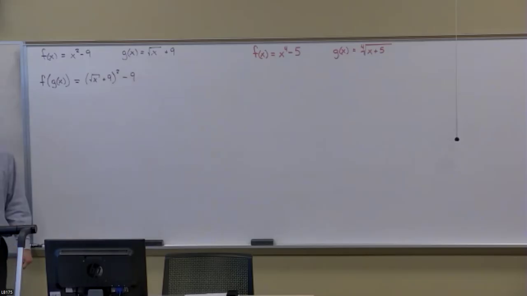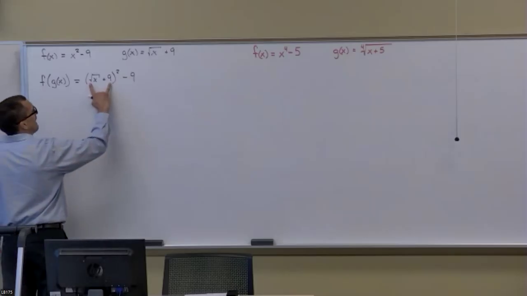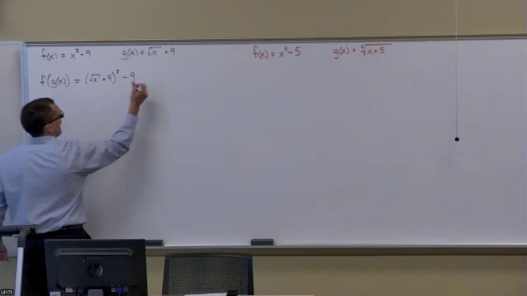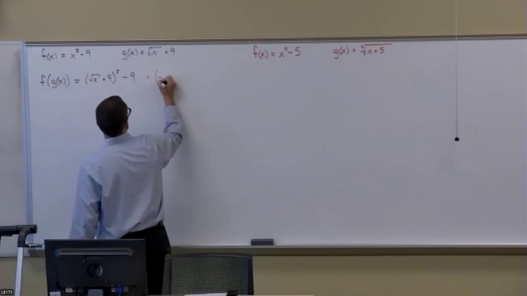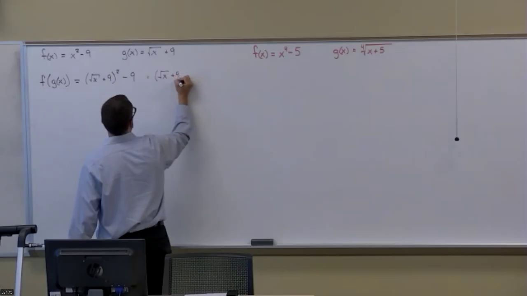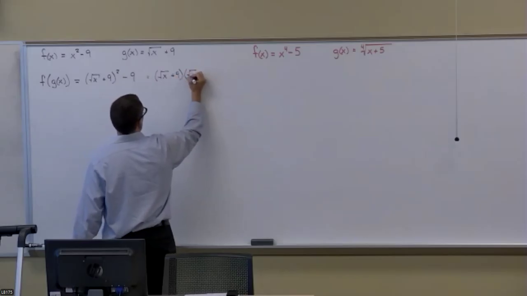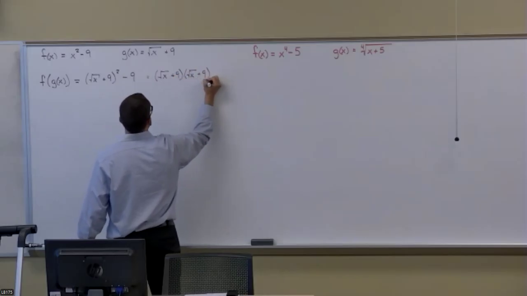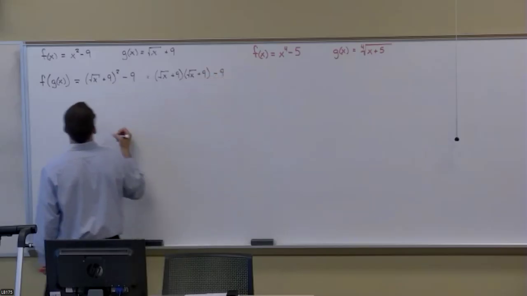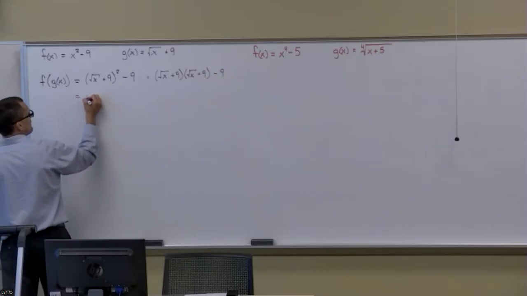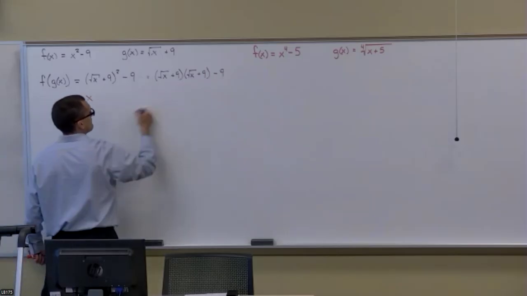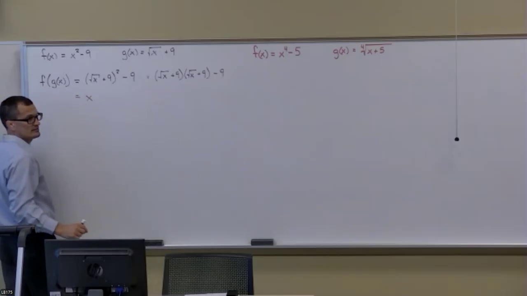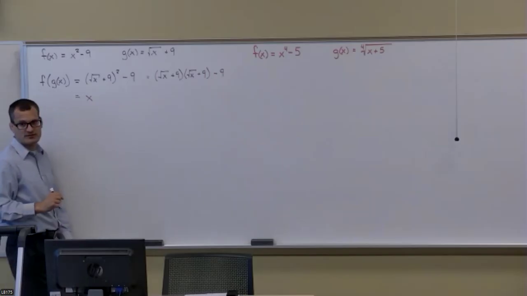Is that the same thing as x? No, it's not going to be x. Because of the way I have to square this, I have to think of this as square root of x plus 9 times another copy of square root of x plus 9. What would happen is you get essentially square root times square root gives you x over certain domains.